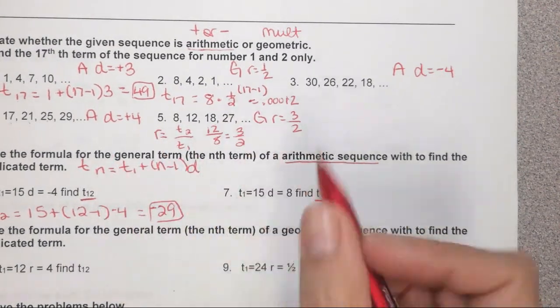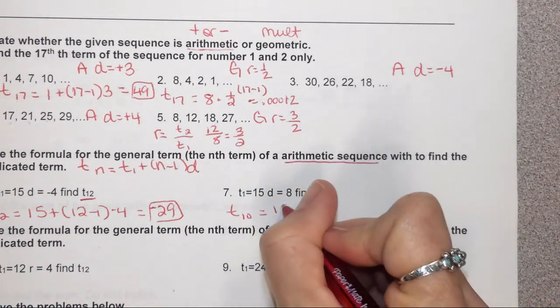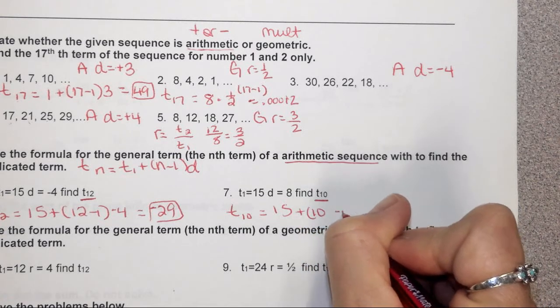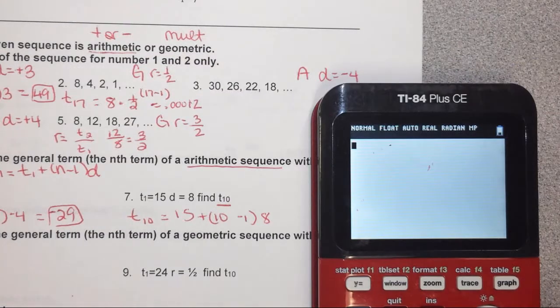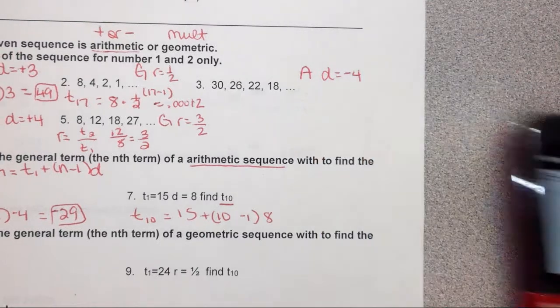So I'm plugging into the same formula. The 10th term equals the first term plus n, which is 10, minus 1 times the common difference of 8. So 15 plus 10 minus 1 times 8. The answer is 87.